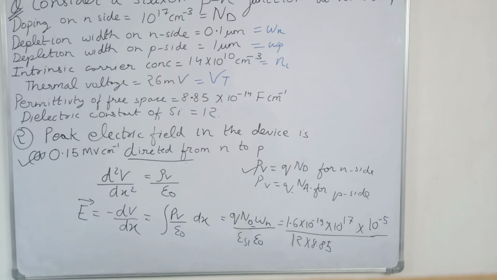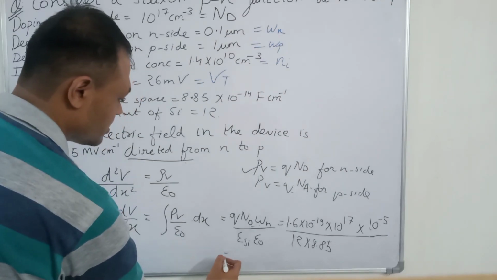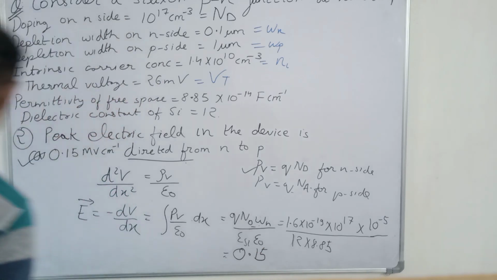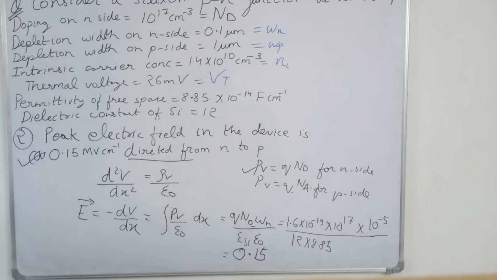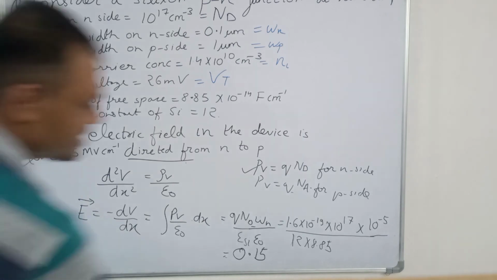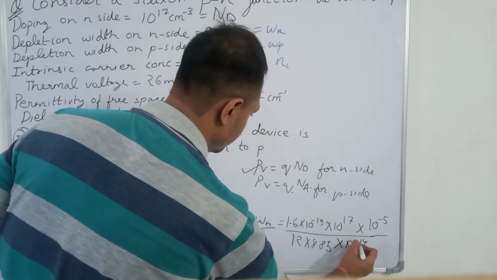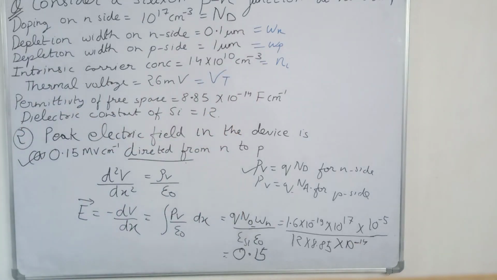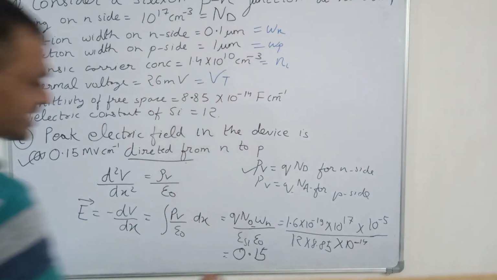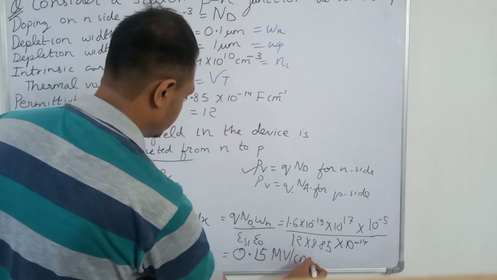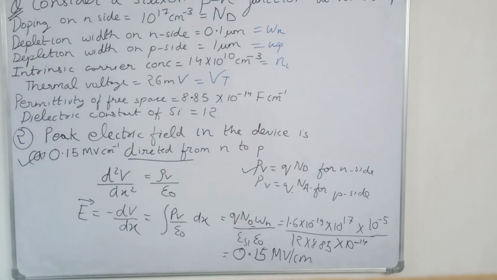So the result will be 0.15, with 8.85 into 10 to power minus 14 also there. So 0.15 megavolt per centimeter will be the answer. So option A is the correct option.